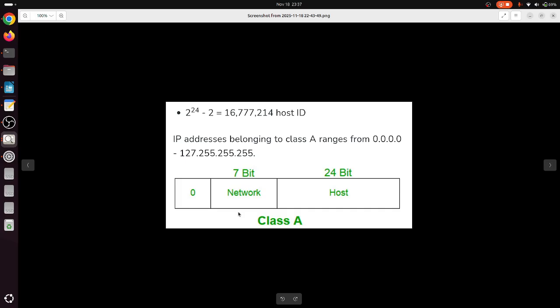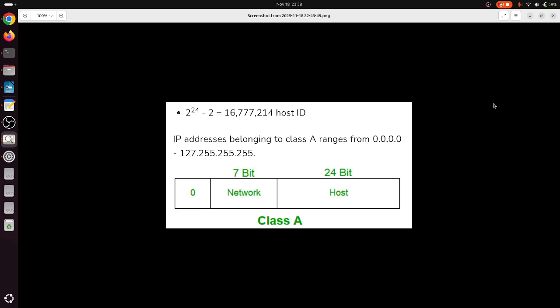Socket B, socket C and socket D will be the host. So it is 2 power 24. Since 24 bits are there, I can have the maximum combination of 2 power 24, and I will subtract 2 because the first number will be used as a network number and the last number will be used as a multicasting number.